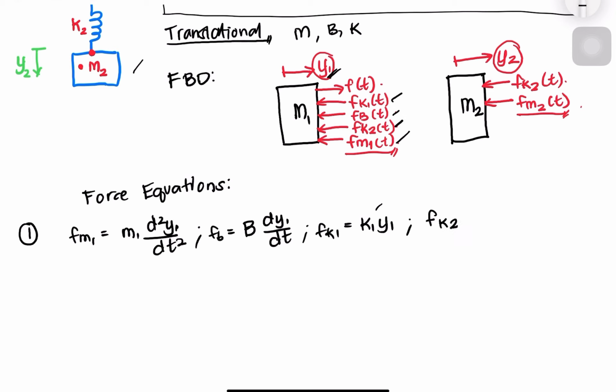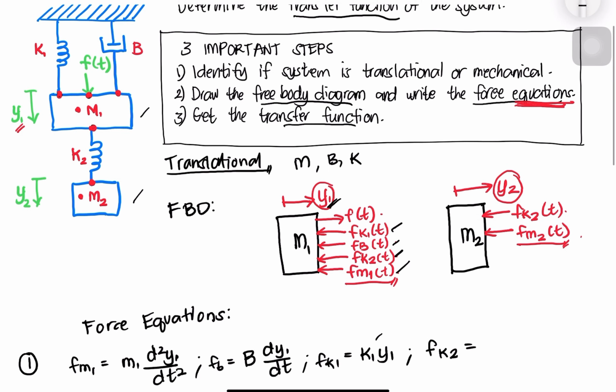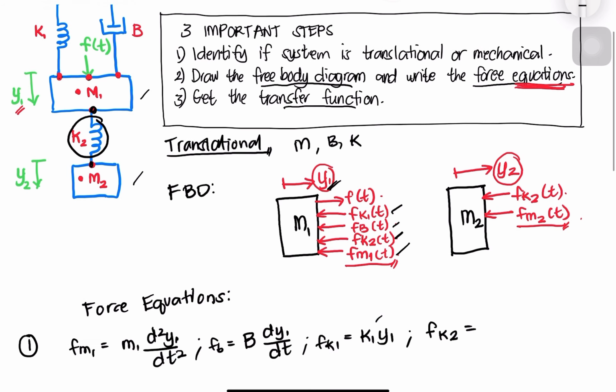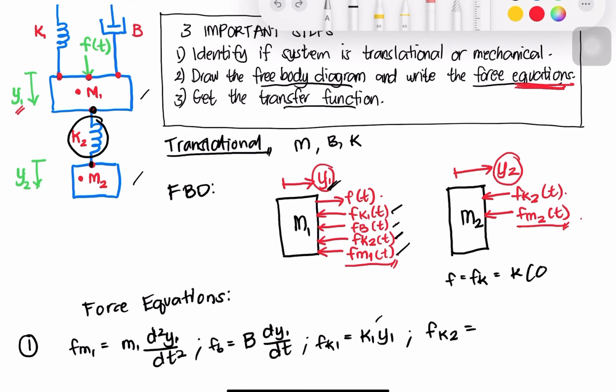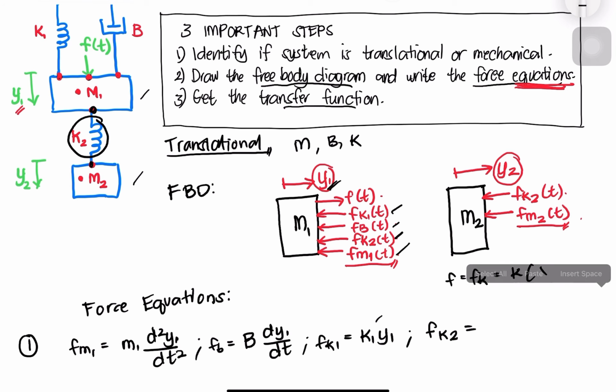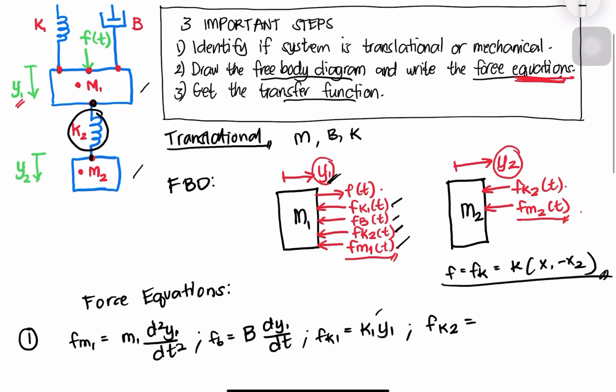Next, we also have Fk2. This is Fk2, right? It's connected to m1 and m2. That means this is case 2 for spring. So we will have to use the formula Fk = k(x1 minus x2), so this will be the formula for Fk2.